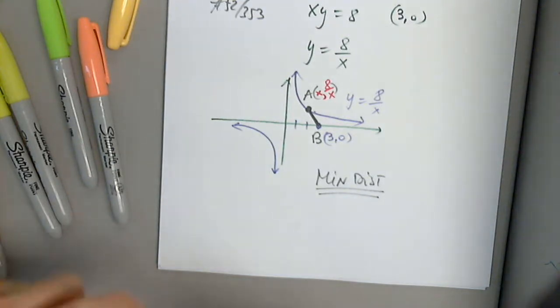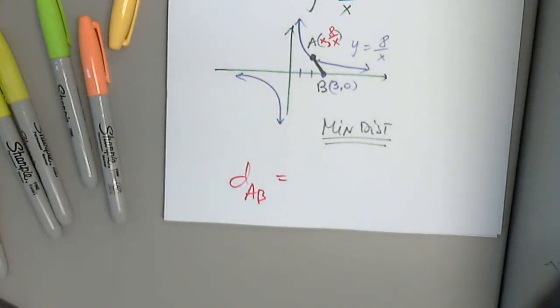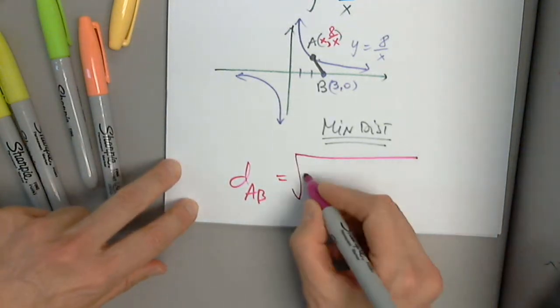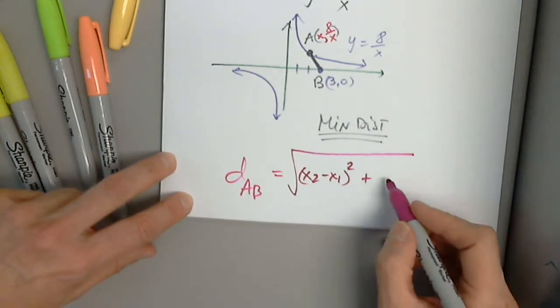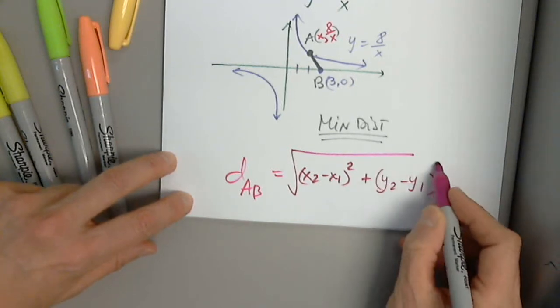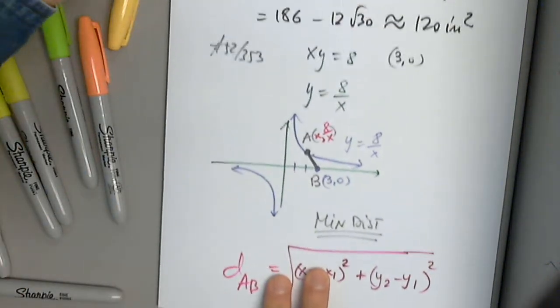So how do I write the distance AB? What is the formula for the distance between 2 points? The square root of x2 minus x1 squared plus y2 minus y1 squared. All I have to do now is label. I will consider point A, x1, y1. I will consider point B, x2, y2. All I have to do is just plug it in.